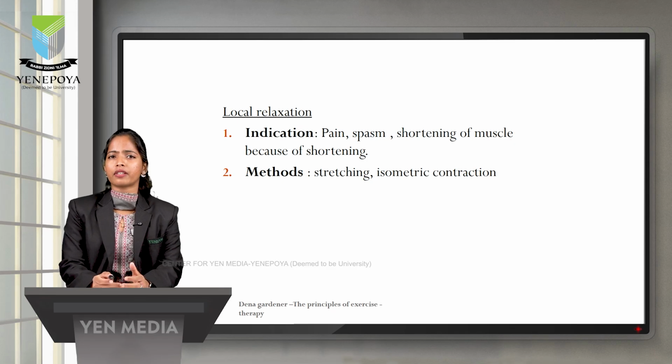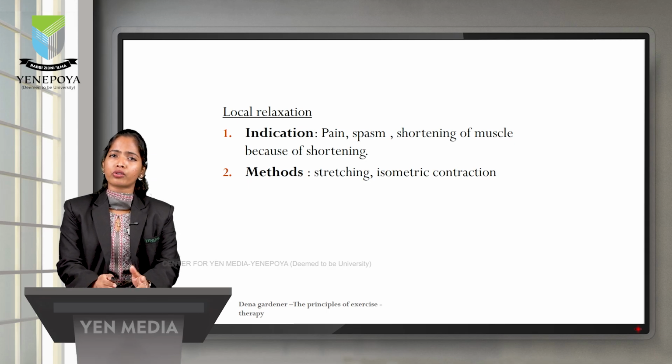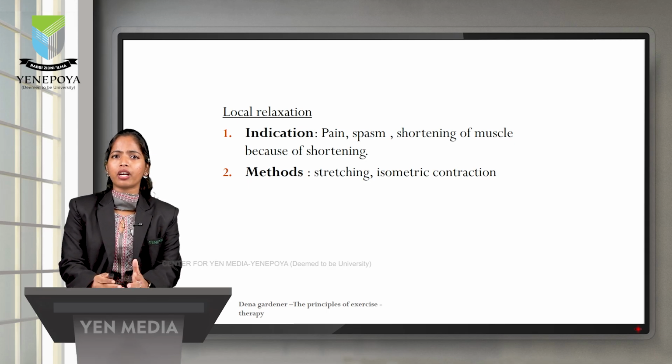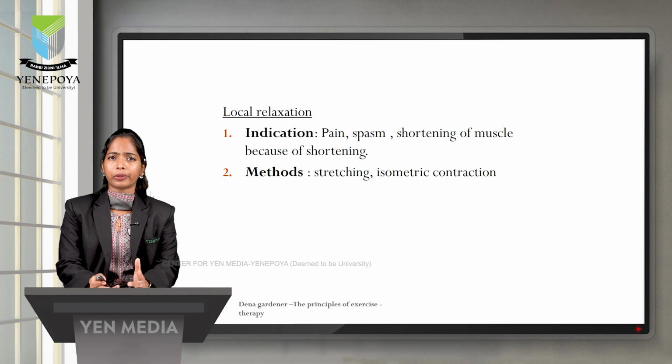General relaxation will usually be given for pregnant women. It can be given for asthmatic patients. It also can be given for fibromyalgia as well as myofascial pain syndrome conditions. There are a few indications for local relaxation, that is pain, spasm, otherwise shortening of the muscle.